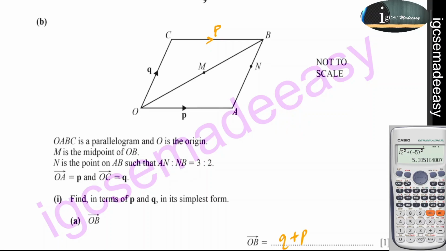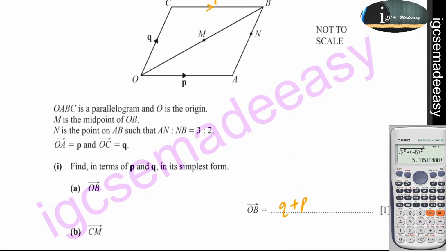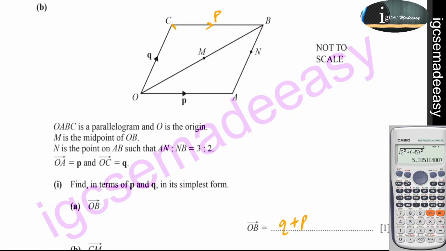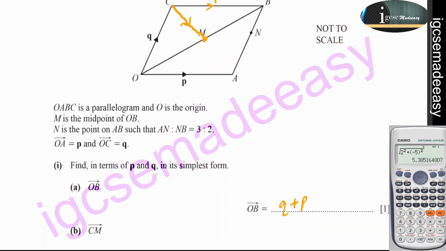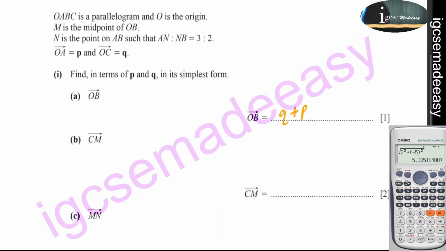So part C, we have to find the value of CM. CM is this vector, C to M. So we have to go from C to O and O to M. And M is the midpoint of OB. So OM is half of OB.